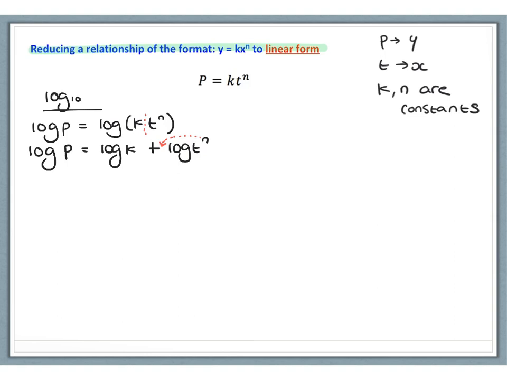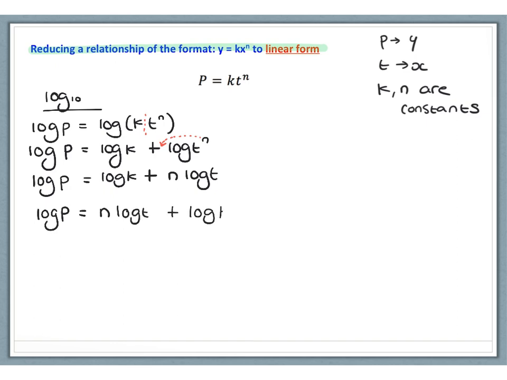And this then gives me log of p equals log of k plus n multiplied by log of t. Now, just for clarity, I'm going to rewrite this slightly. So log of p equals, I'm going to write the n log of t first plus the log of k.